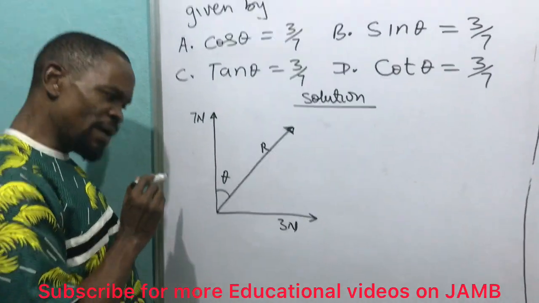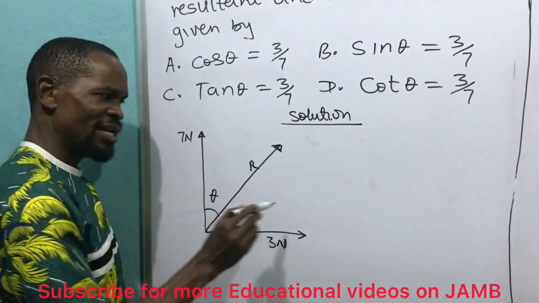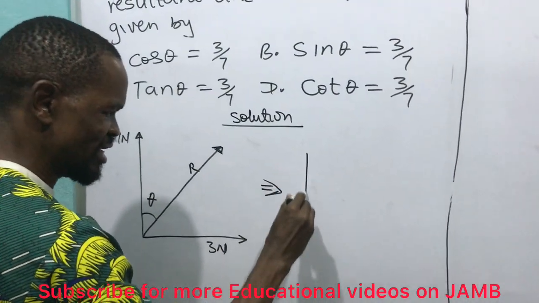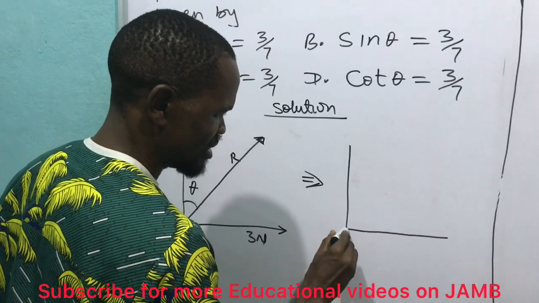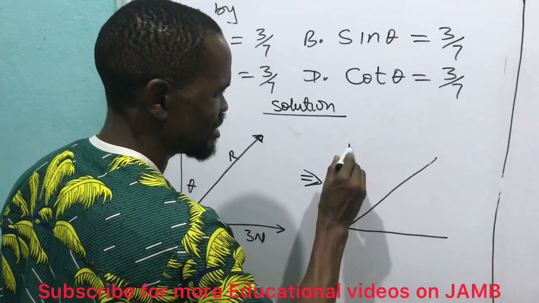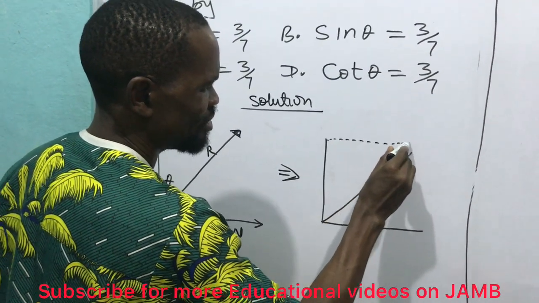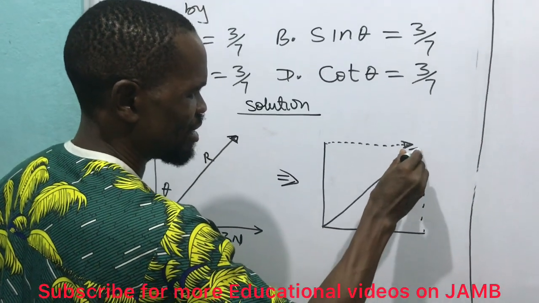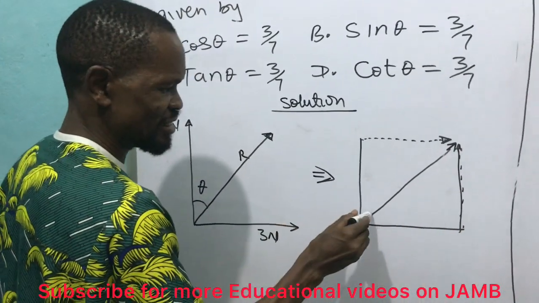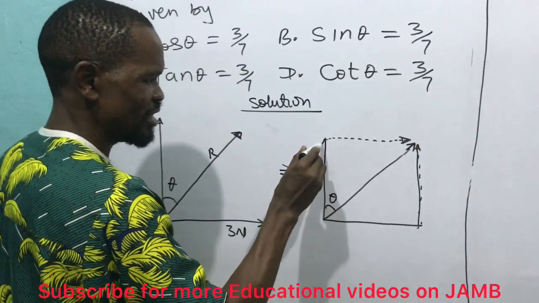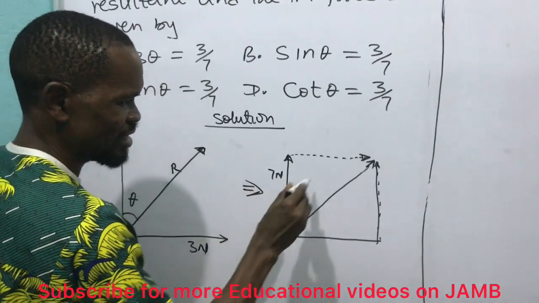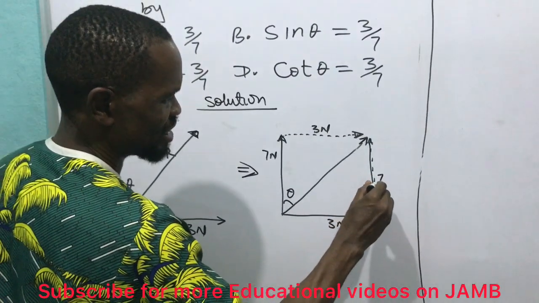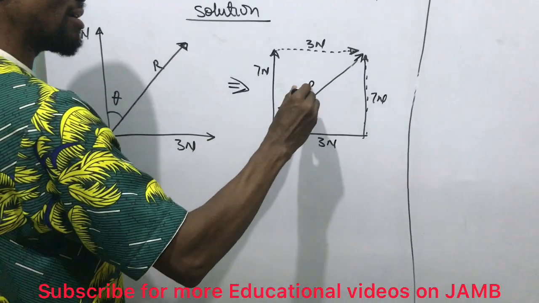Then now, you remember, looking at this thing I draw, that this implies the same thing as drawing this way. Are you following? If I have this line, you know that this line, this is the angle, and this line as well. And this is theta, and this is 7 newtons, and this is also 3 newtons, and this is 3 newtons, and this is 7 newtons, and this is our resultant.